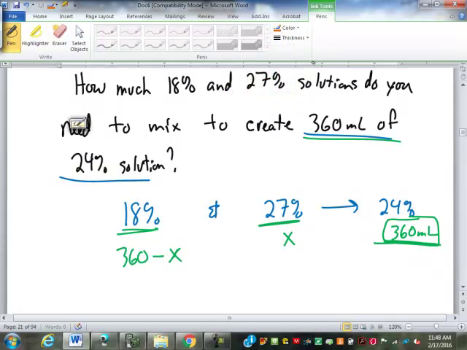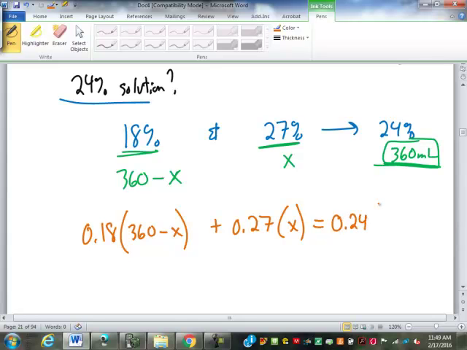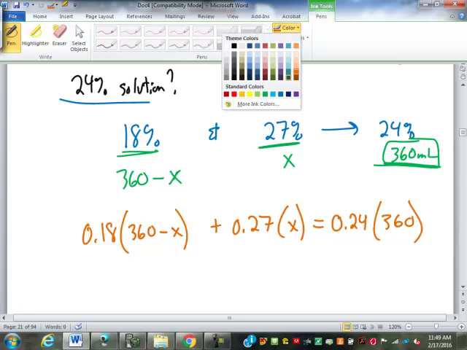So now my formula is going to become 0.18 is that concentration times its amount, which is 360 minus X, plus 27% is 0.27 times X, is going to equal 24% will be 0.24 times the amount of 360 milliliters.